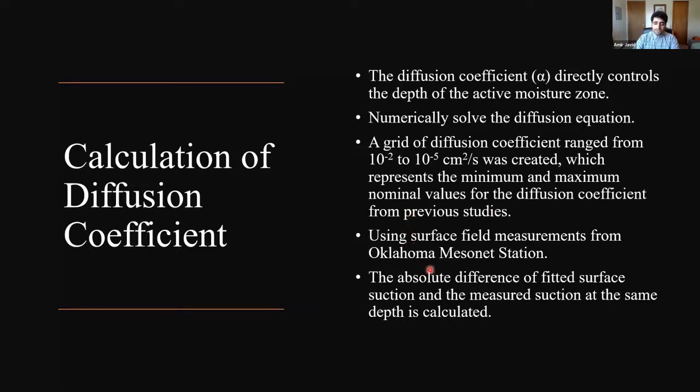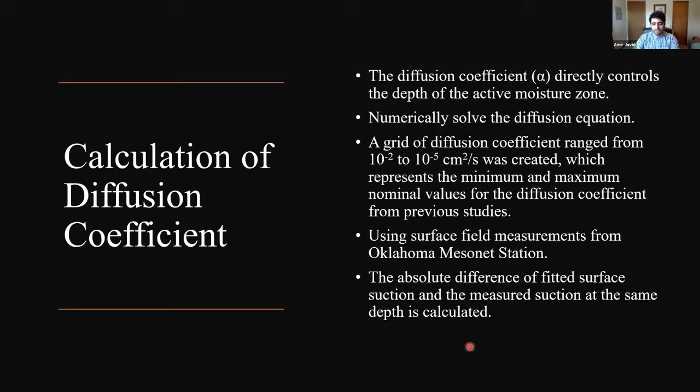Of course, we use Oklahoma Mesonet surface suction measurements, and to numerically solve it, if you recall the equation, the left side was our measured side, the suction profile, which can be replaced by surface suction. On the right side of the equation, if we plug in our alpha and other values, we get the fitted suction.